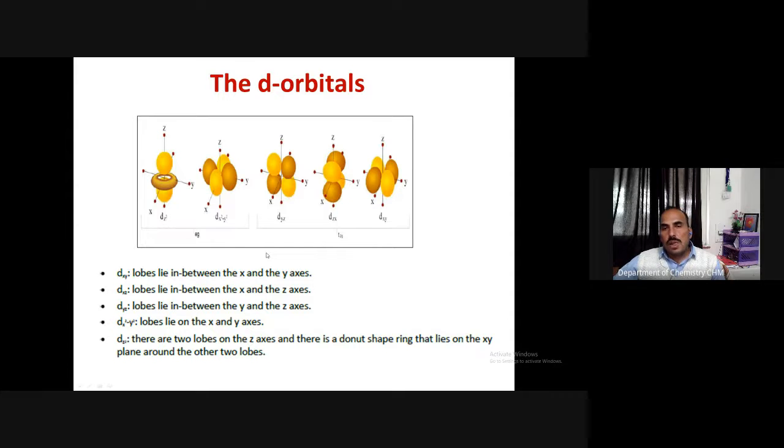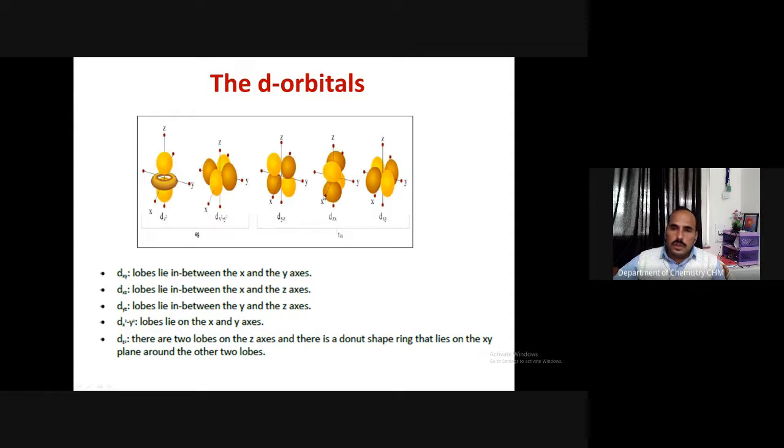All right. So remember, if the ligands are approaching along the axis, they are going to affect these two orbitals more. If they are approaching in between the axes, they are going to affect these more.